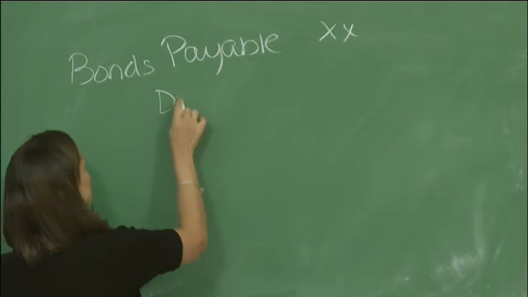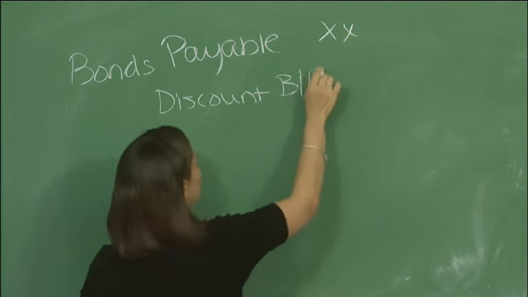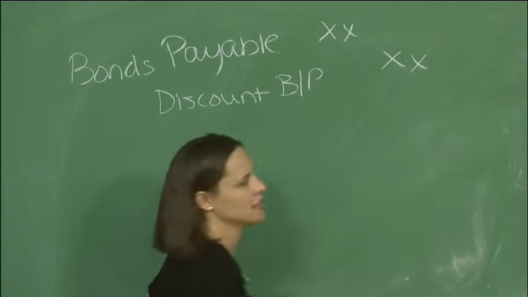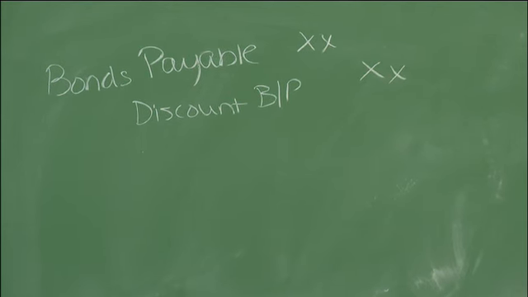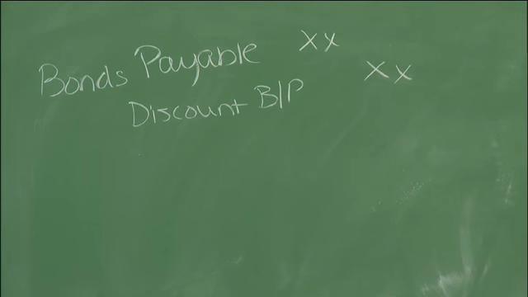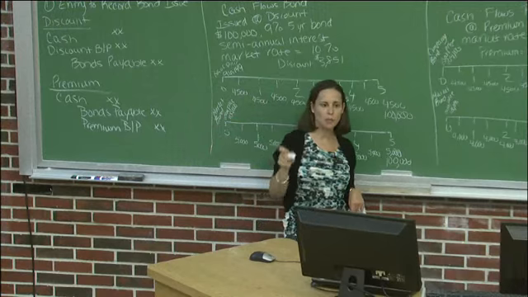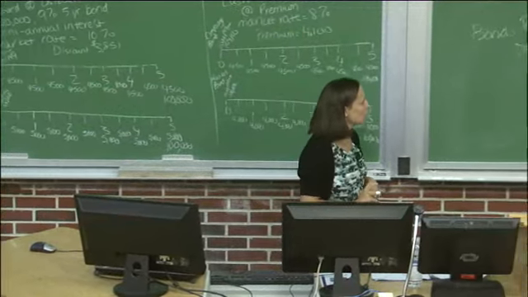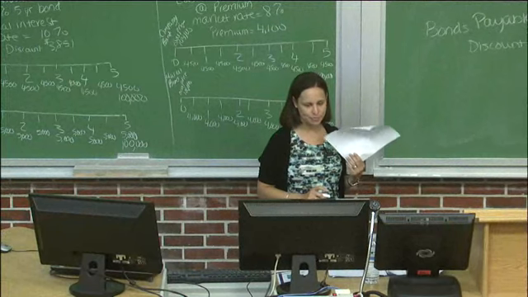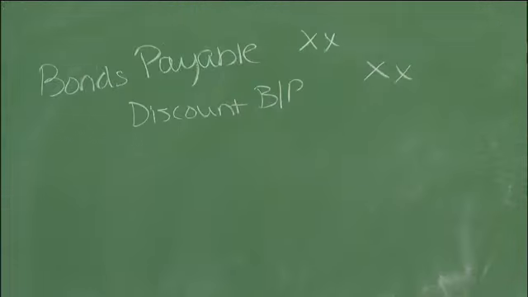If this is a discount, we would have to credit discount on bonds payable for the unamortized amount. Again, we would have to credit it because when we first issued this bond, we debited discount. So now we are taking it off the books because this bond is no longer going to be on the books. So we have to credit discount on bonds payable. Okay, so that's the part of the entry where we take the bonds off the books.